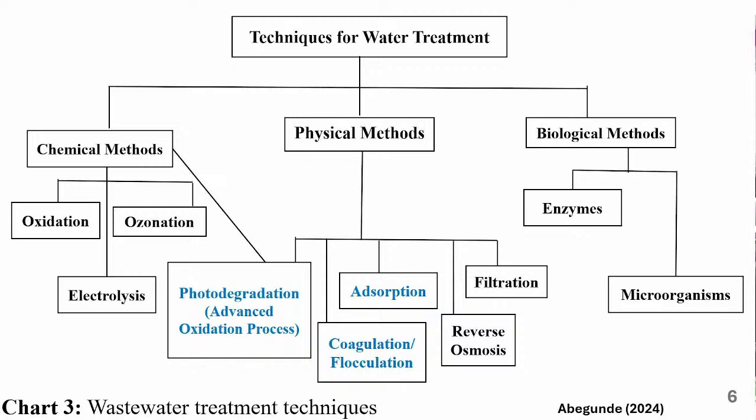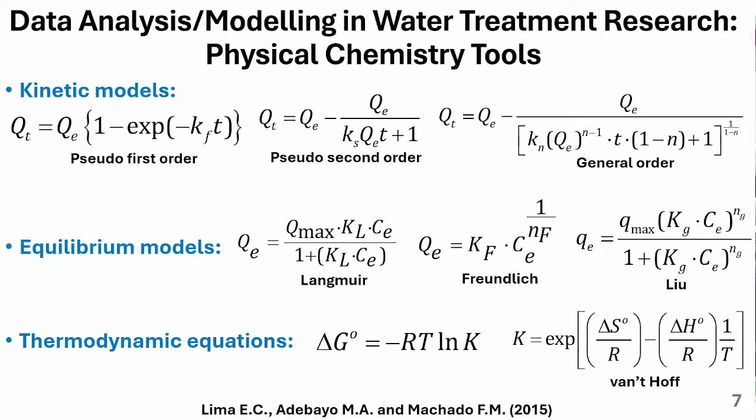Why is physical chemistry important in water treatment? To determine whether the adsorption data will be published in a reputable journal depends on the usage of physical chemistry techniques. That's data modeling.